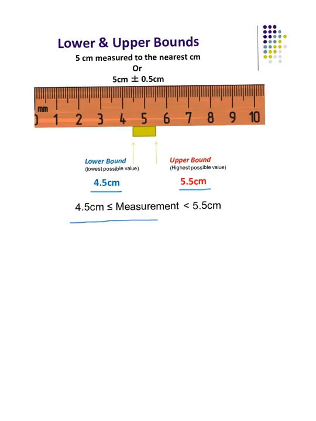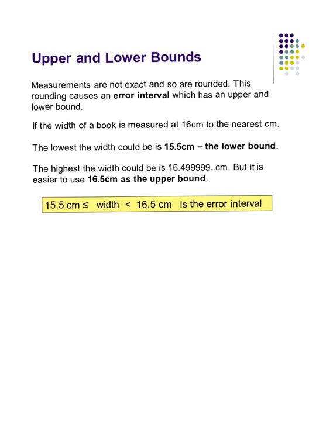And writing this as an inequality, we would say that our measurement is greater or equal to 4.5, but less than 5.5. So what we can take from this is that measurements are not exact and so are rounded, and this rounding causes what we call an error interval, which has an upper and a lower bound.